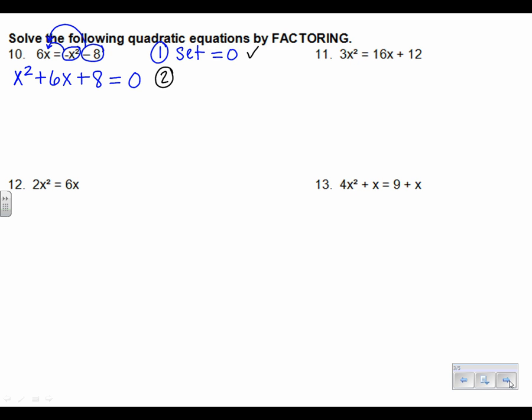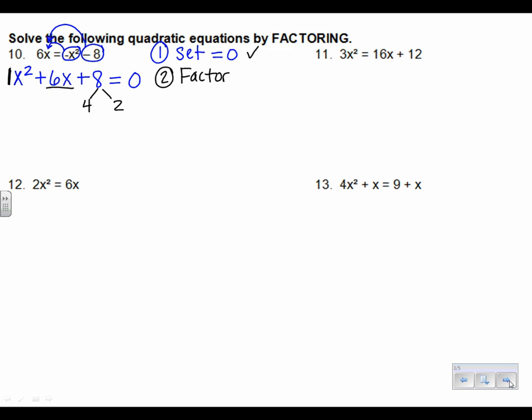Step number 2 is to factor completely. So I look at my polynomial that's left over, x squared plus 6x plus 8, and I see that because x squared has a coefficient of 1, I can actually factor this one mentally. So I come up with 2 numbers that multiply to 8 and add to 6. I'm thinking of 4 and 2.